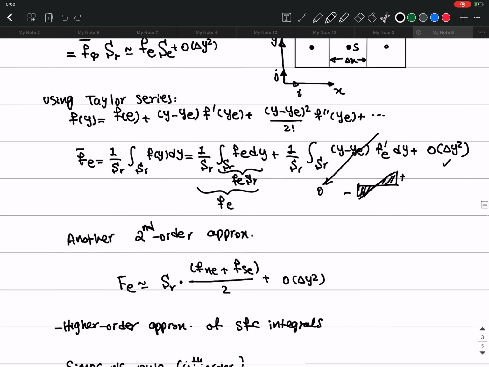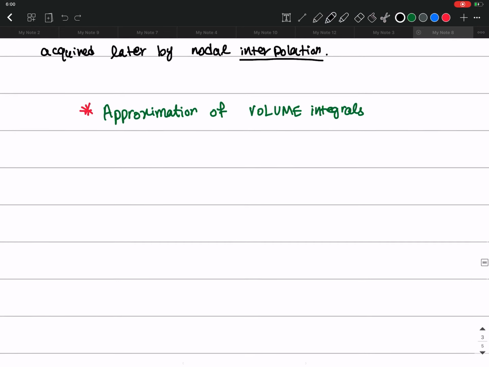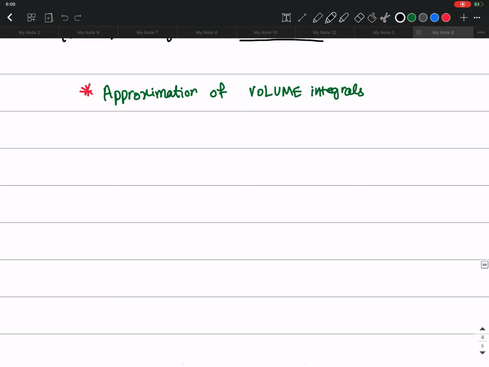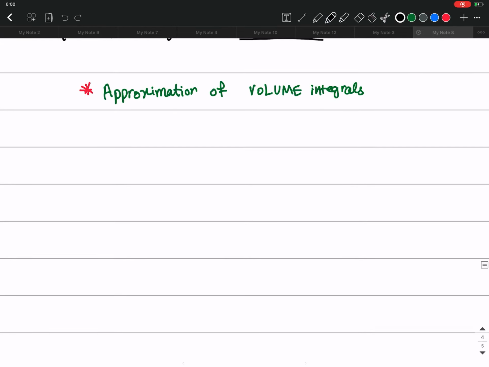And now I want to talk about the volume integrals. The goal we have is estimating S phi, which is a volume integral. So it's the integral over the volume V of S phi dV.